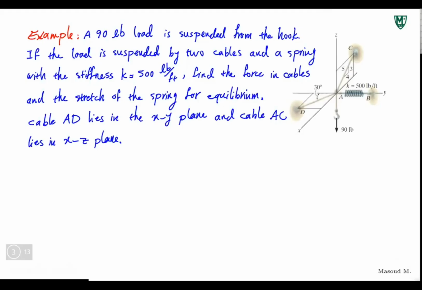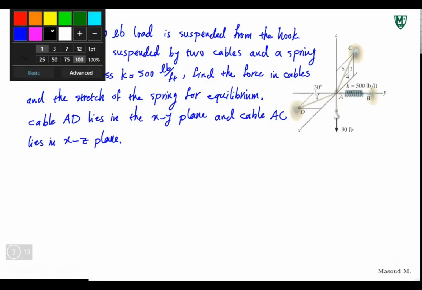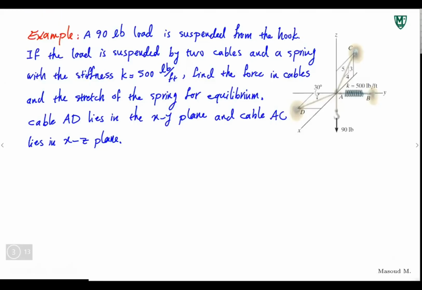So in this case, we are asked to find the force in cable AD and AC. Well, the most obvious approach is to draw a free body diagram for point A, because that's where everything is connected. As a rule of thumb, when you have multiple things connected and want to draw the free body diagram, start with wherever you have the most information.